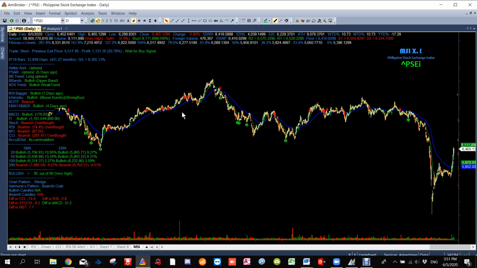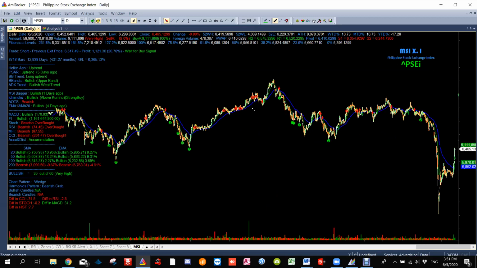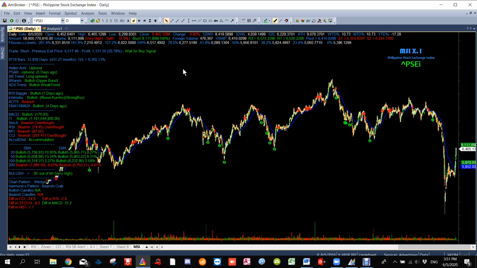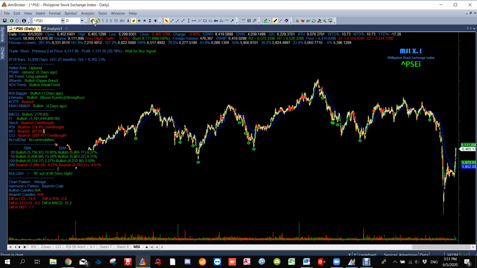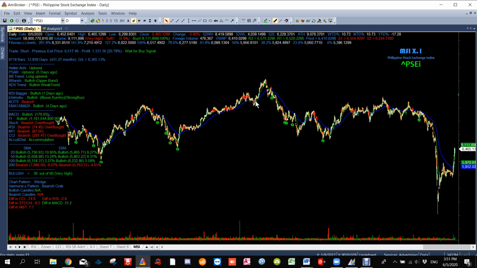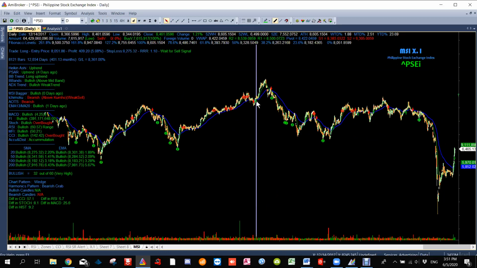Okay, so the green marks are your buy signals and the red marks are the sell signals. Okay, as you can see here, we have a buy in this area, and then here it made us sell.